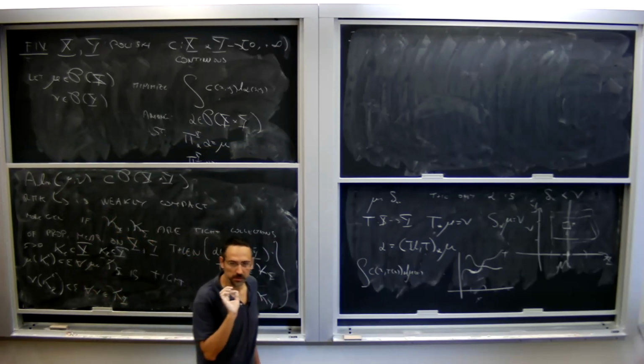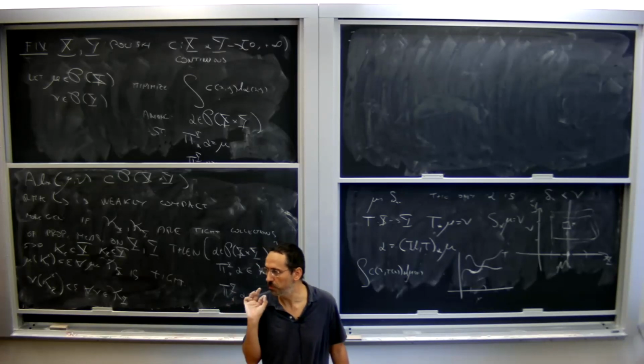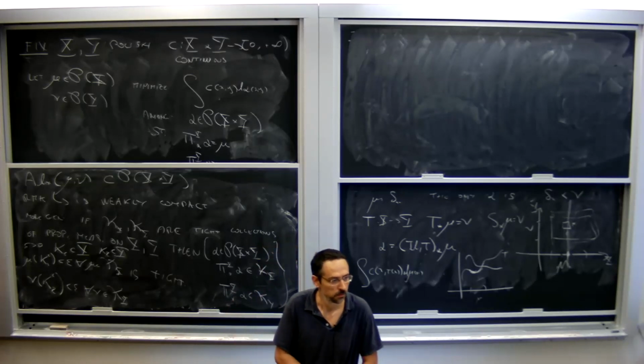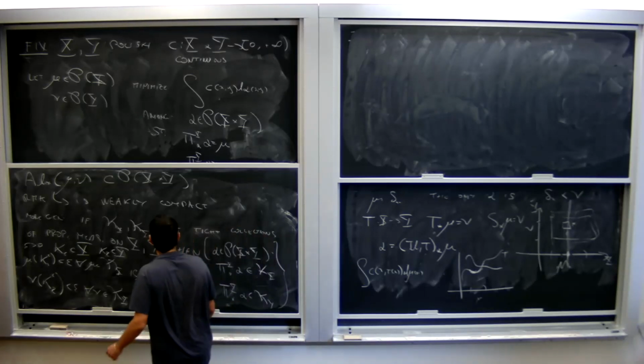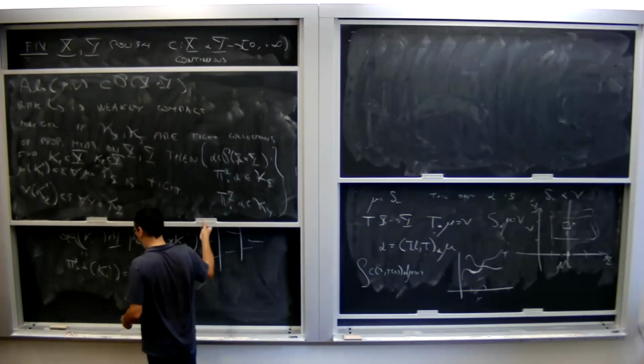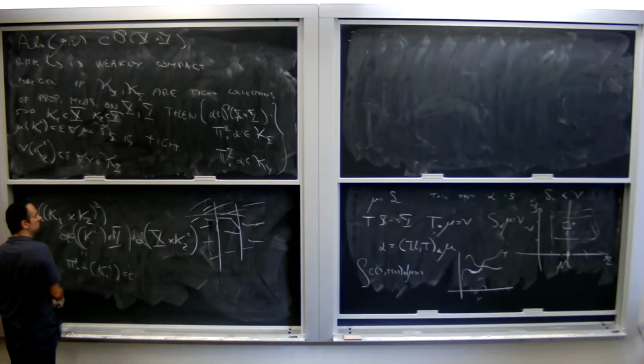Okay, so to prove that it's weakly compact, it is now sufficient to prove that it is weakly closed, right? But why is it weakly closed? Well, the constraint.